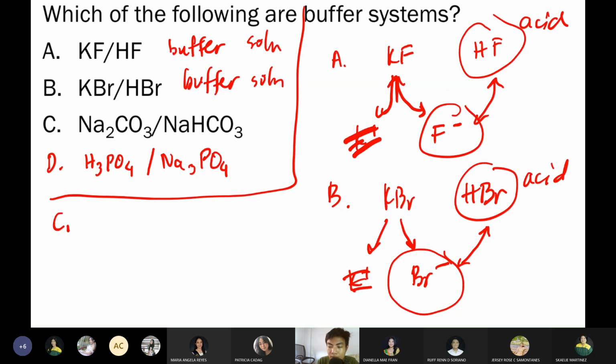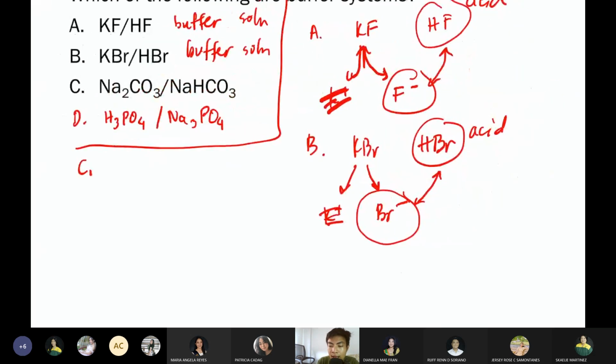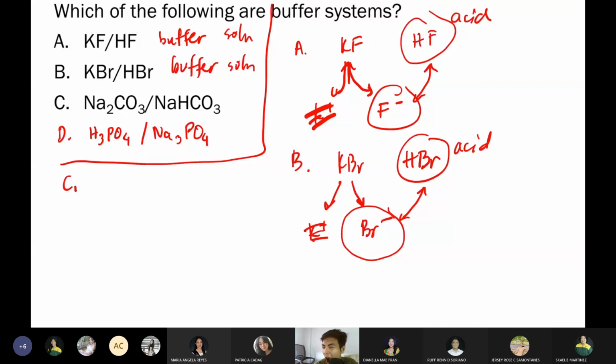How about letter C? Ito medyo hindi obvious, no? Buffer kaya yan? Di natin sure, no? So, ganito gagawin natin. Since we both have salts, tanggalin natin lahat ng metals.